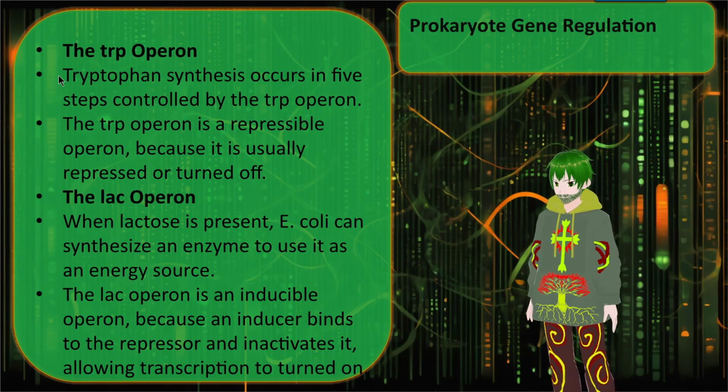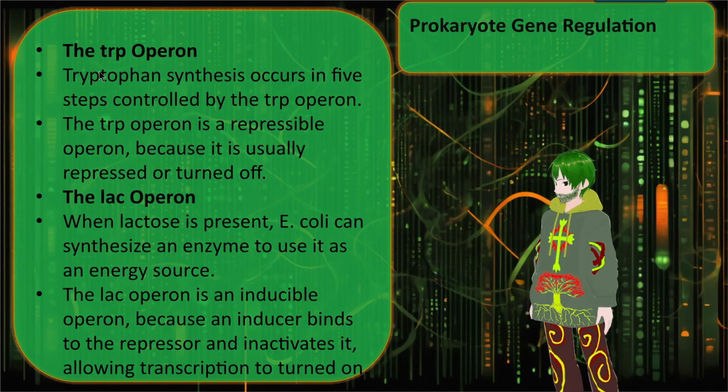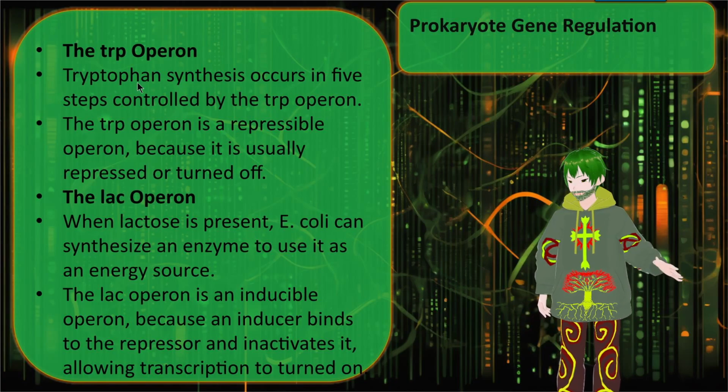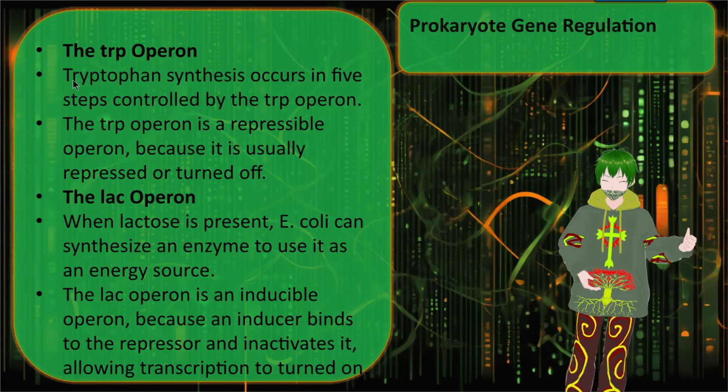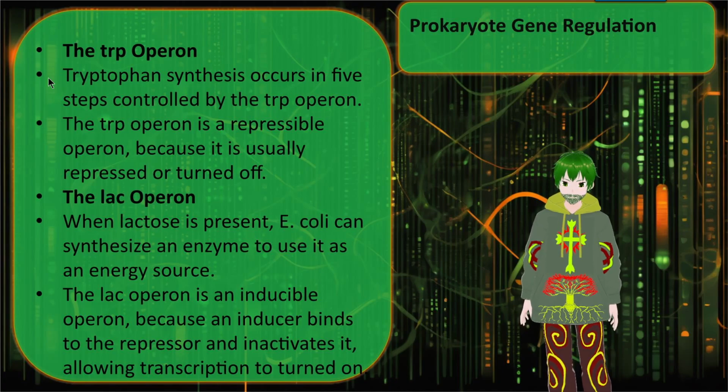And what this does is it means that the more tryptophan is produced, the more end product is produced, the more this operon is deactivated. And so that allows for a pretty constant production of protein at a moderate concentration, as opposed to a full-on as much protein as it can possibly produce all the time, right?